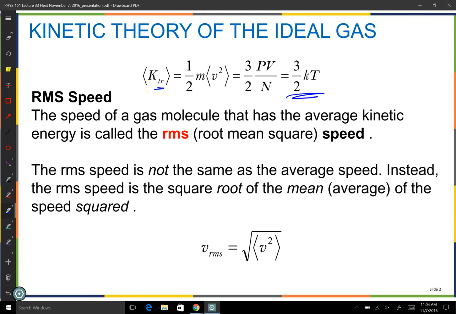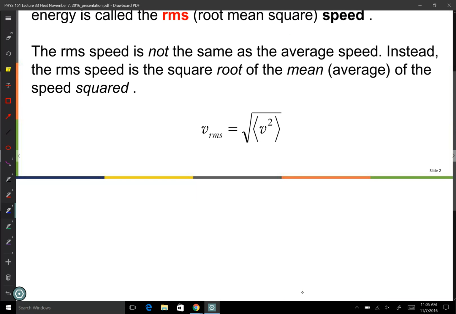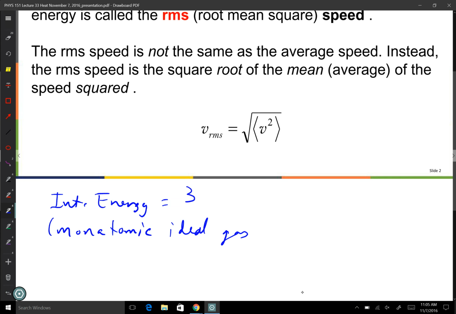It's going to have this number multiplied by N. So we will learn coming up very soon, like, I don't know, Wednesday, that the internal energy for a monatomic ideal gas is equal to N, that's an N, times that value of 3/2 kT.